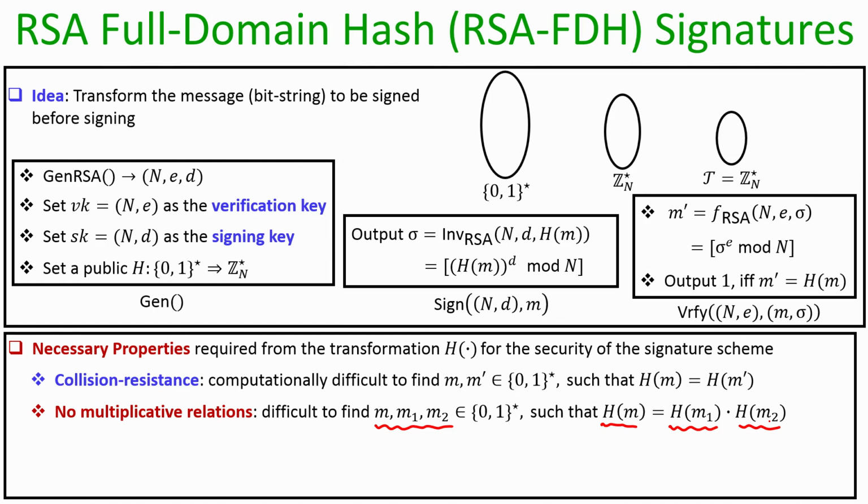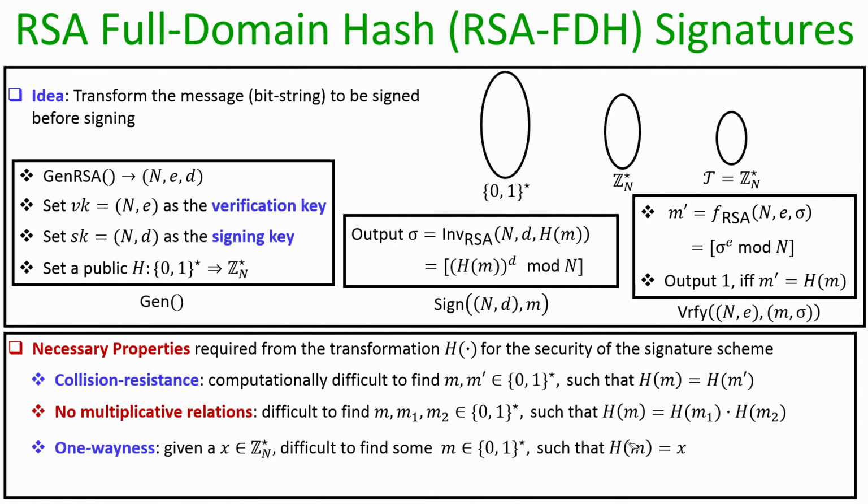Because if it is possible for an adversary to find such triplets in polynomial time, then the adversary can ask for the signature on the message m1 as per this full domain hash, ask for signature oracle access for the message m2, and given that, it can easily obtain a signature on the message m, which would be its forgery. So, we would like that this transformation has no such nice algebraic properties.